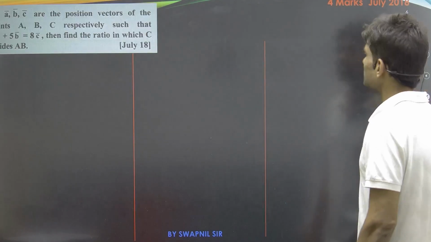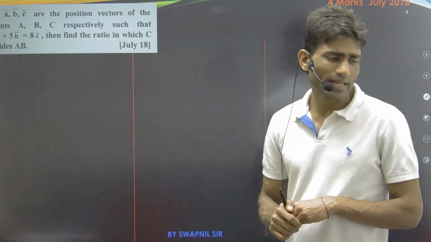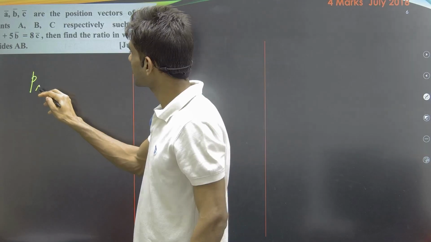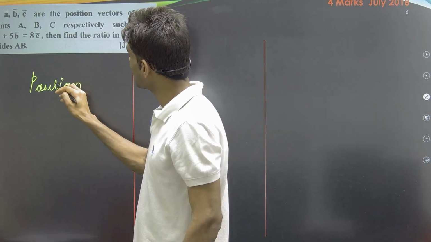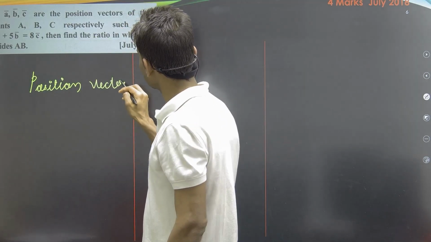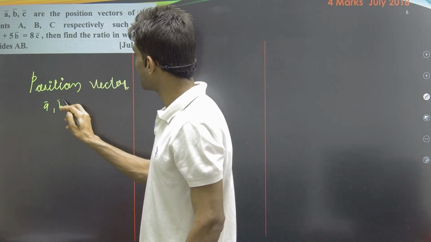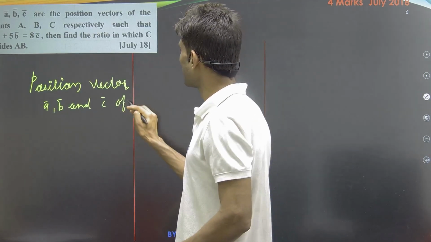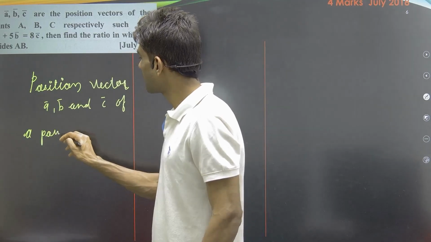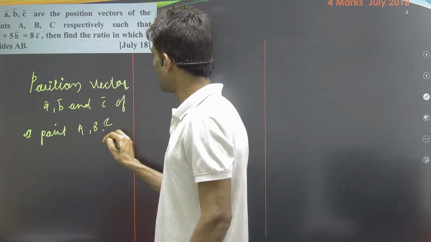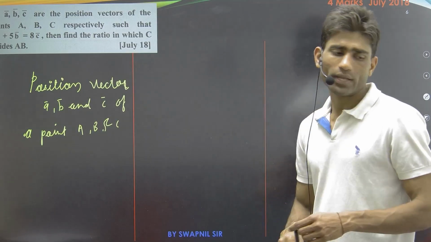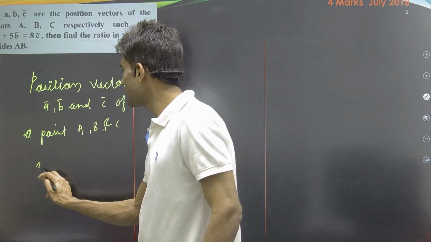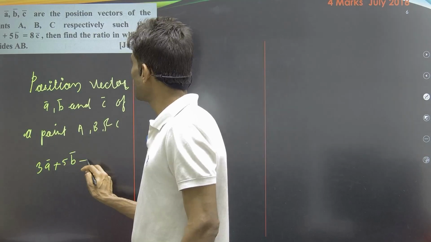Now let's move to the next example. In our next example we are given 3 position vectors a bar, b bar, c bar, the position vectors of points capital A, capital B and capital C. After that we are given one more equation: 3 times a bar plus 5 times b bar is equal to 8 times c bar.